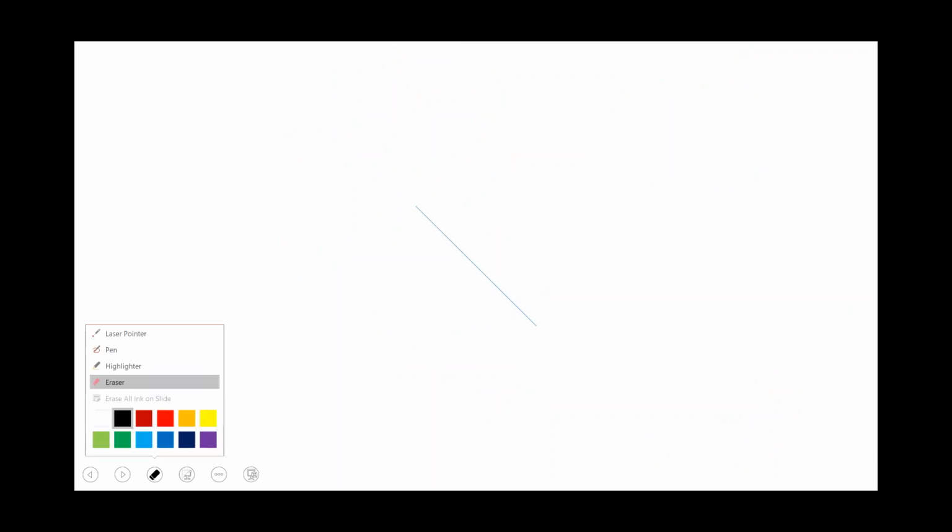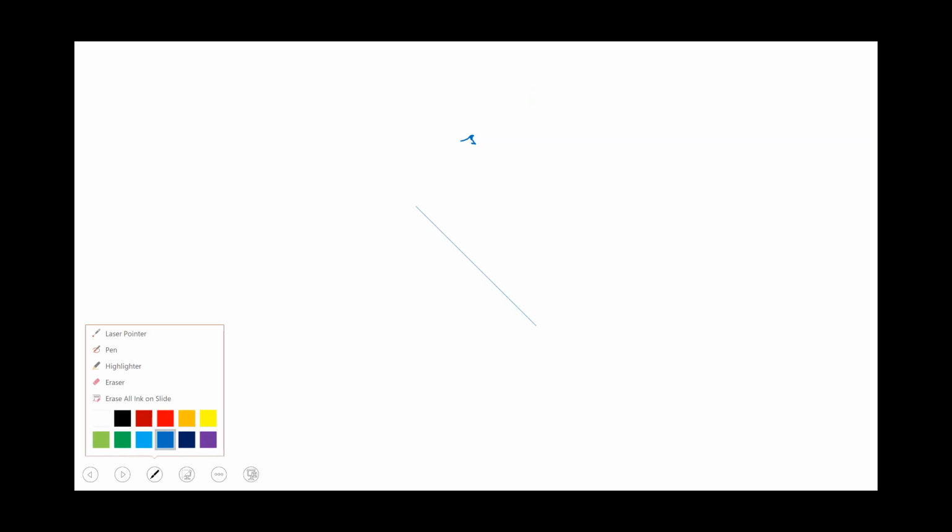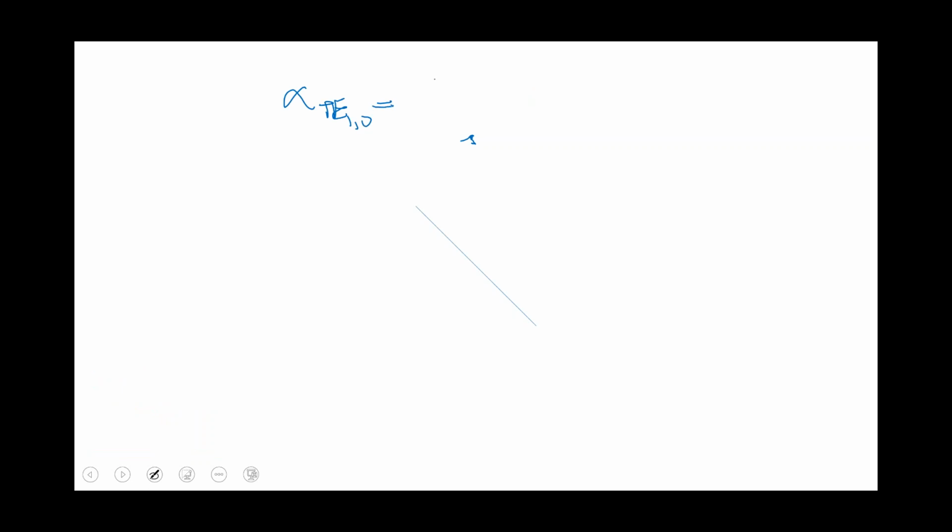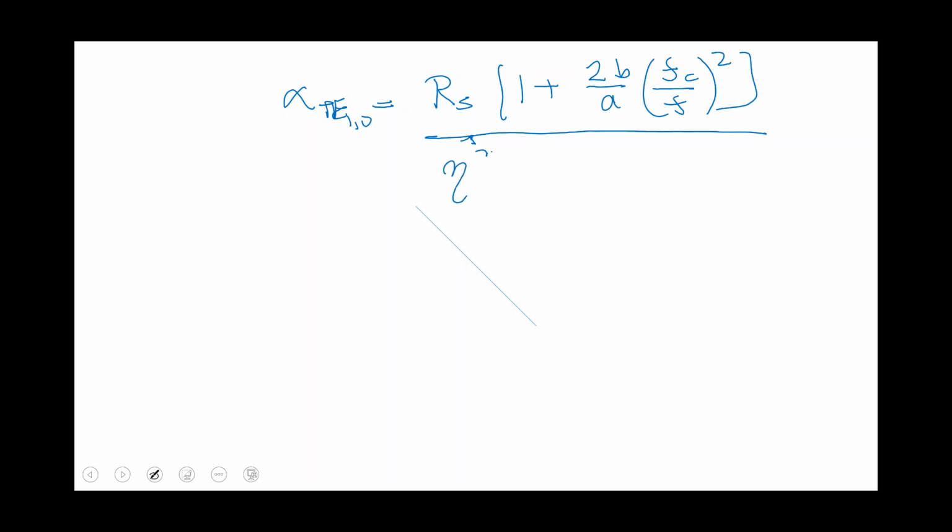Alpha TE10 is Rs by eta medium times b, times 1 plus 2b by a times (fc by f) squared, divided by the square root of 1 minus (fc by f) squared.